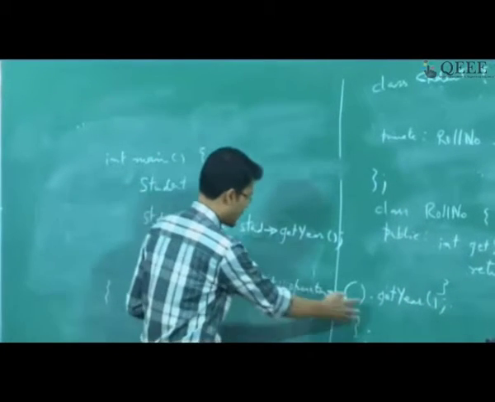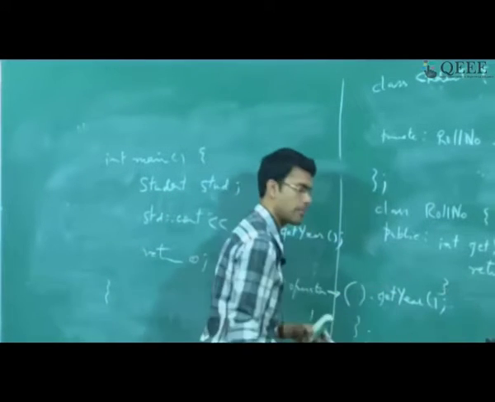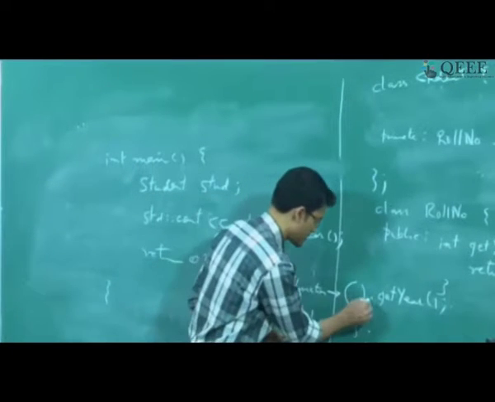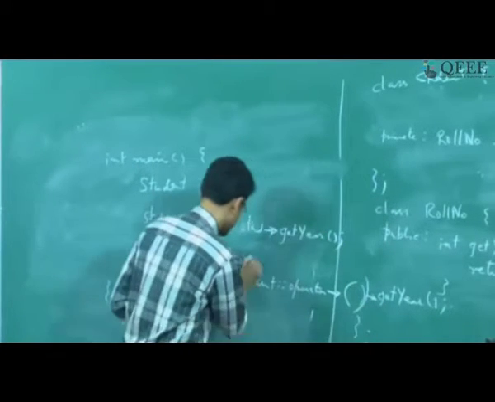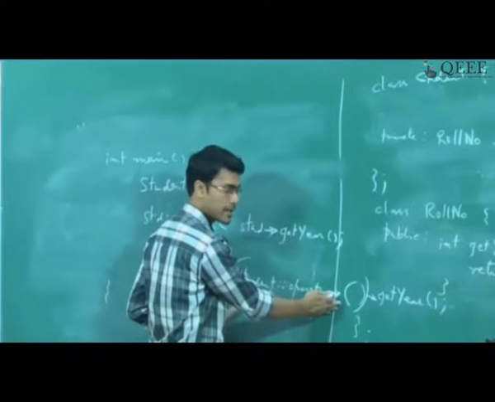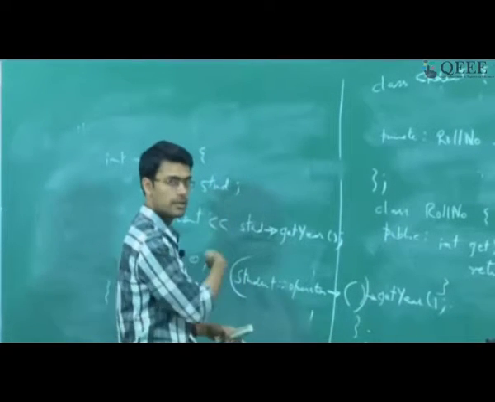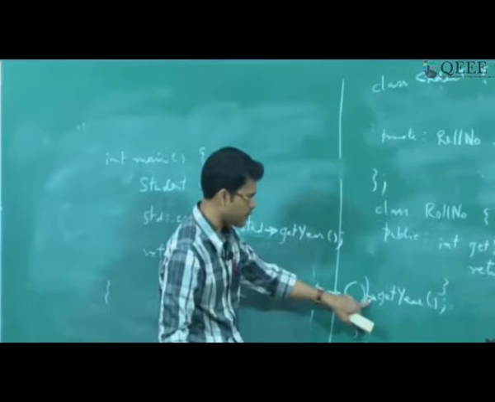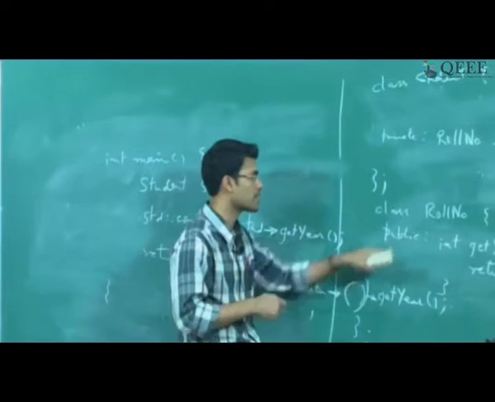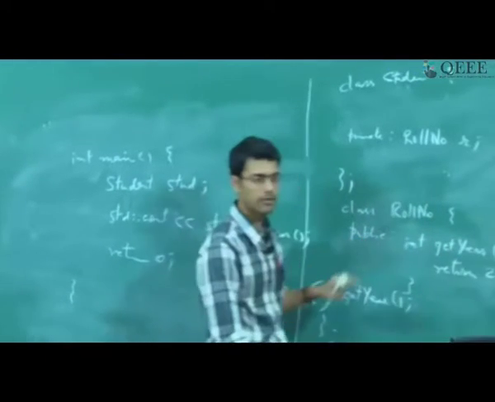So I am applying the arrow operator on the student, and then to whatever it returns I am applying getYear. We can do some magic here such that this arrow operator returns the roll number instead. Then the language can apply the arrow operator defined for the roll number onto getYear, as long as getYear is a public function.